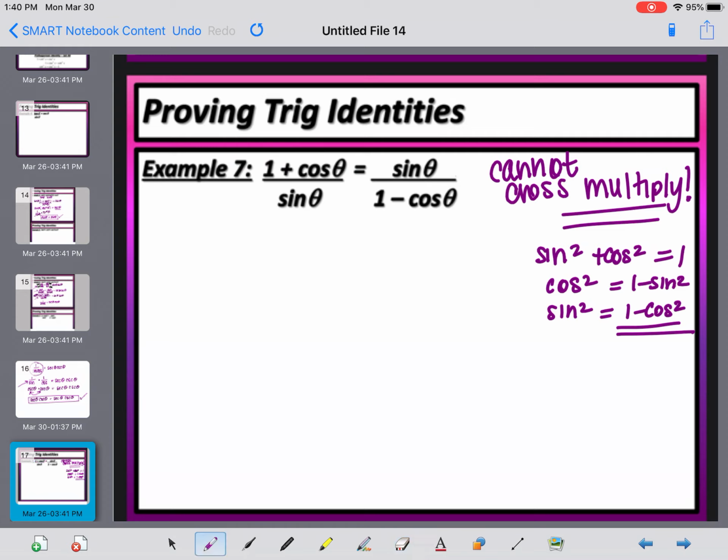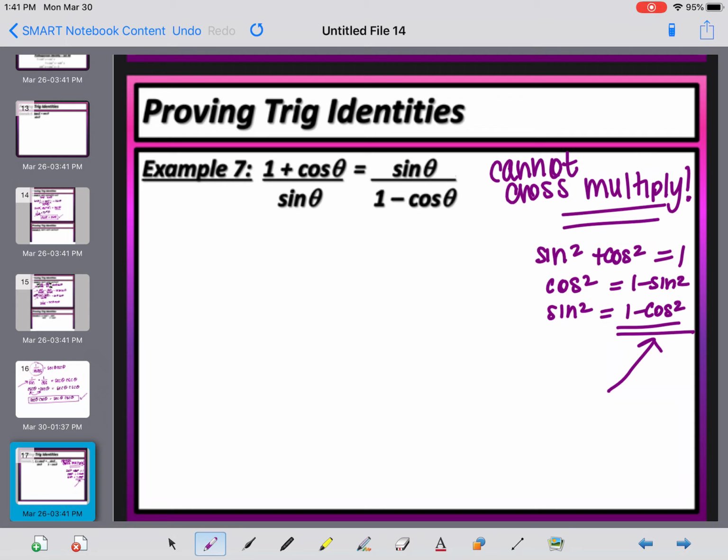So along the same ideas as the last problem where we multiplied to get a common denominator, we can also multiply top and bottom of the fraction that we have by something if we're trying to change, say, this 1 plus cosine, perhaps into a Pythagorean identity. So think difference of squares.